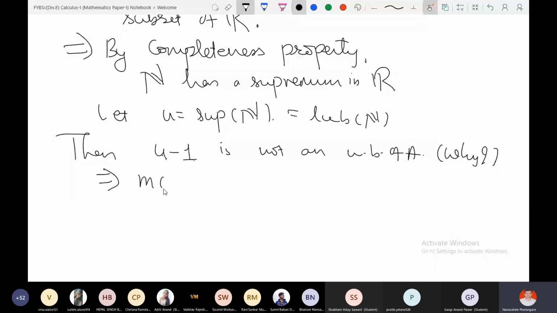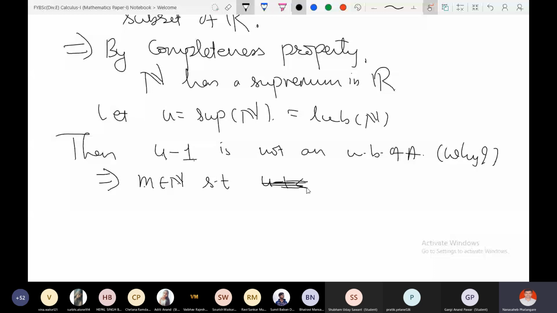There exists some natural number m, that is, there exists a member of the set. u minus 1 is not an upper bound means there is a number greater than u minus 1.